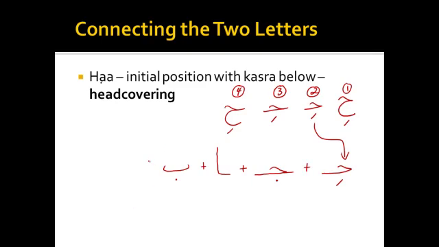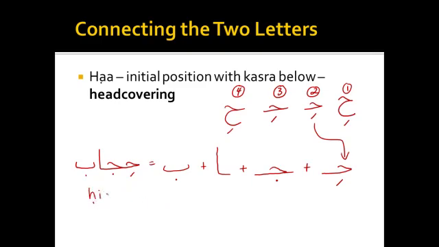Now, let's put these together. And we have here ha with a kasra, jim, alif, ba. Can't forget our dot for the jim. And there we have it.